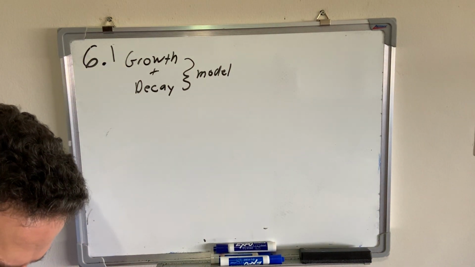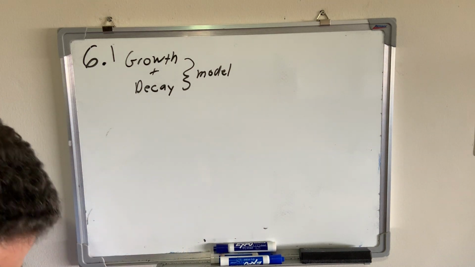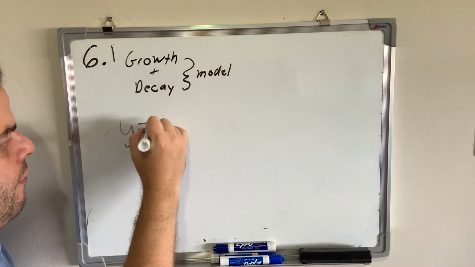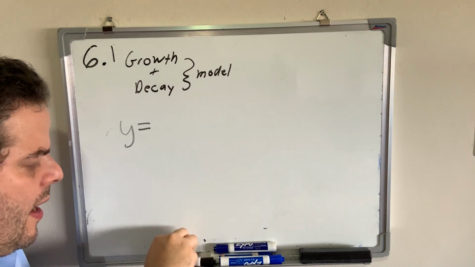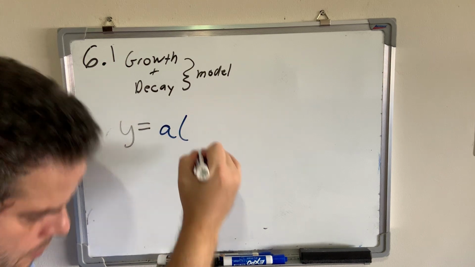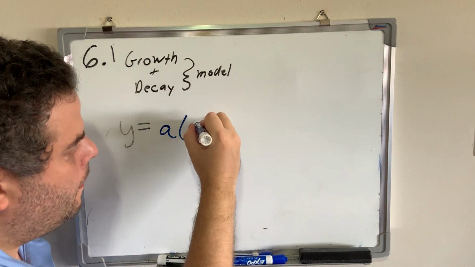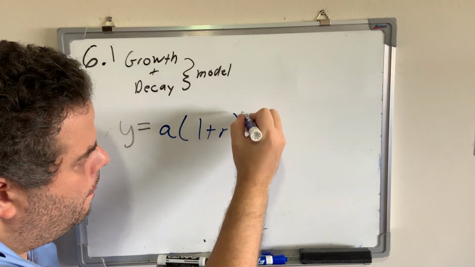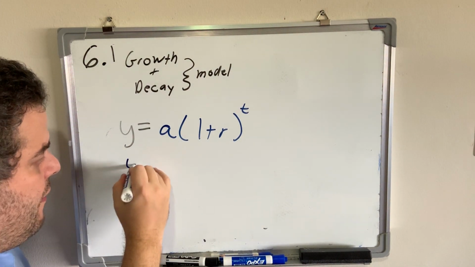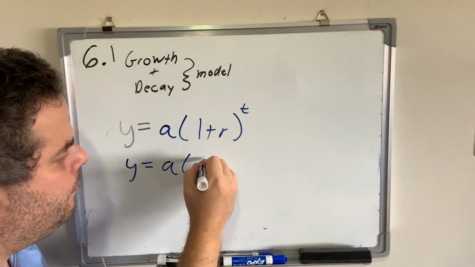Let's begin with exponential growth. If you see page 297 in the books, you have, for exponential growth, these values. That's growth. And for decay, you have a very similar formula.